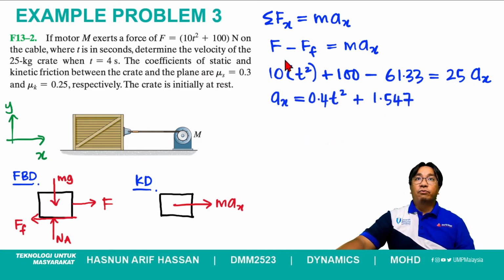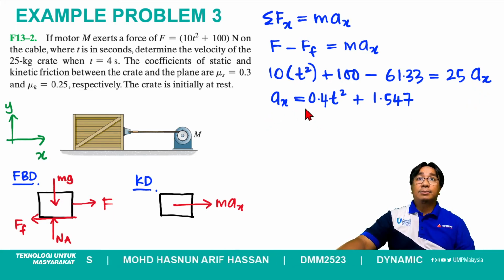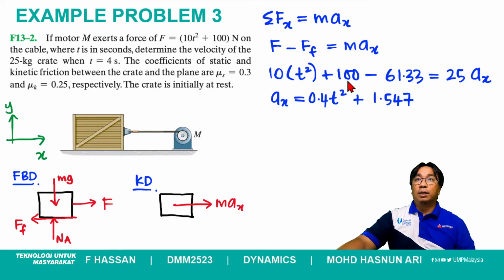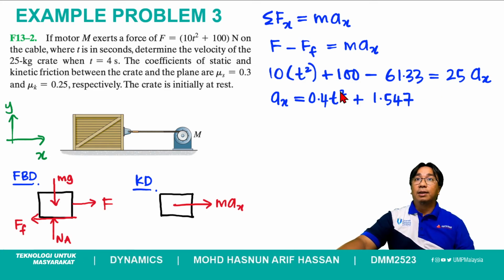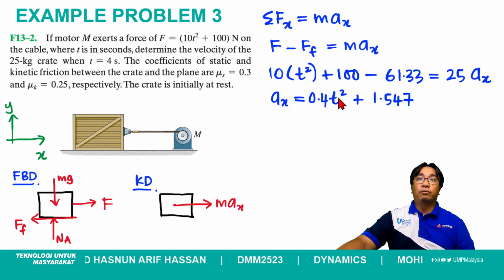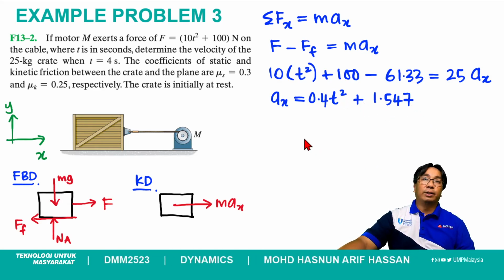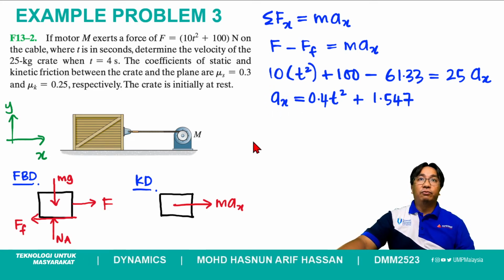So from this equation, we can get ax is equal to 0.4 t squared plus 1.547. This is after you minus 100 minus 61.33, and all of this you divide by 25. So how do you get V from this?